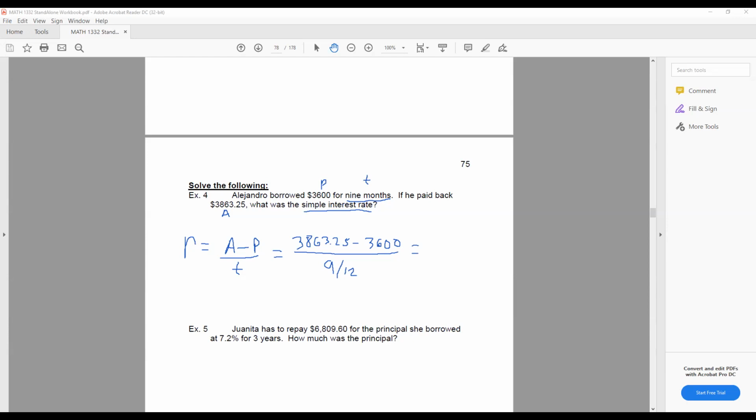So R, I had the R formula wrong. It should be A minus P over PT, which means that time would be A minus P over PR. So let's go back and fix those.